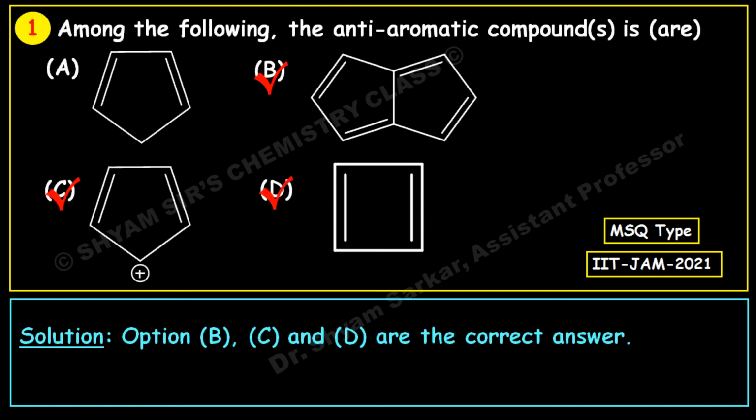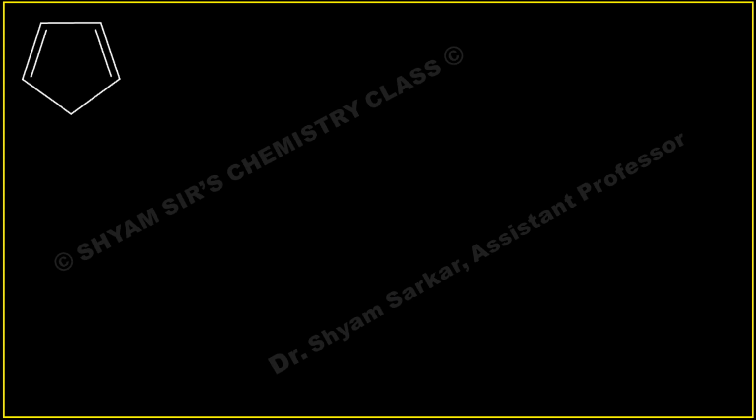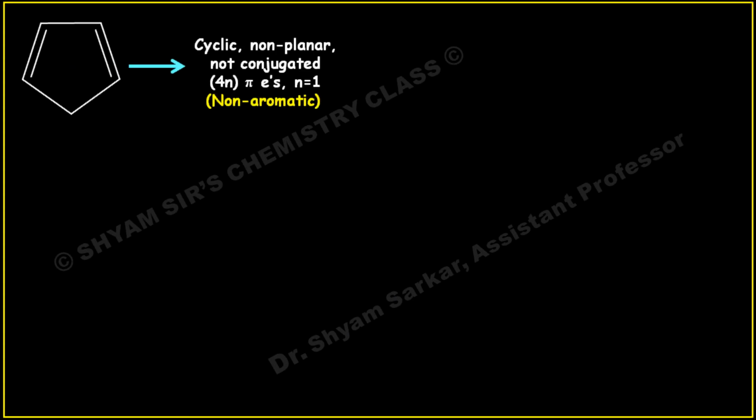This is a very simple answer, and if you go through my previous lecture, it is very easy to understand how to solve this type of question, and you can easily solve any question related to aromaticity. If you don't remember this chart, you can alternatively do it like this. The first compound is cyclic, non-planar, non-conjugated, and it has 4n pi electrons where n equals 1.